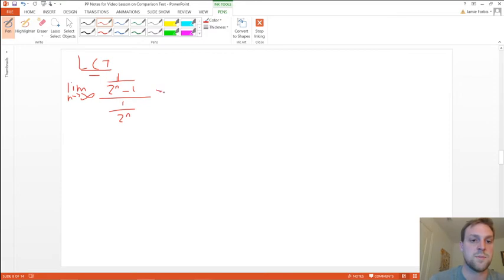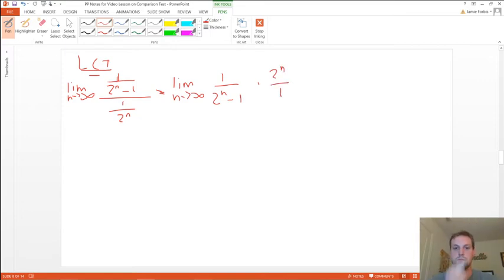So let's see. I'm going to keep simplifying this. I'm going to say this is the limit as n approaches infinity of 1 over 2 to the n minus 1 times 2 to the n over 1, which is equal to the limit as n approaches infinity of 2 to the n over 2 to the n minus 1.